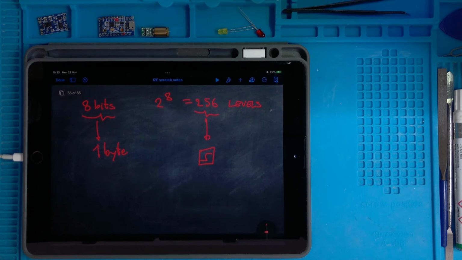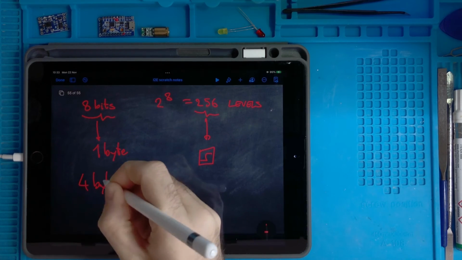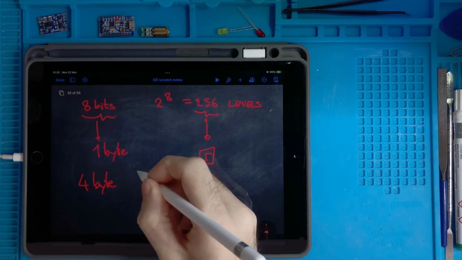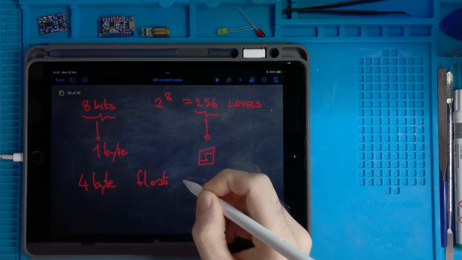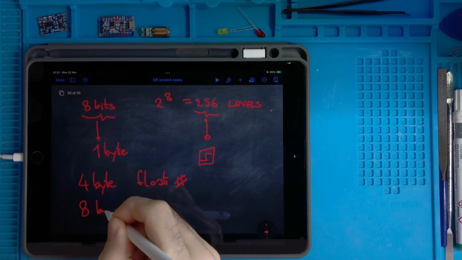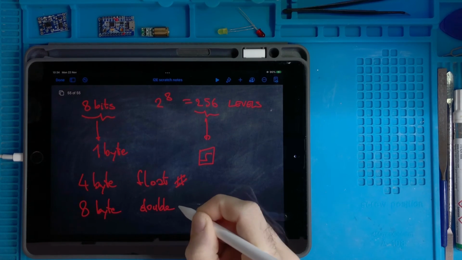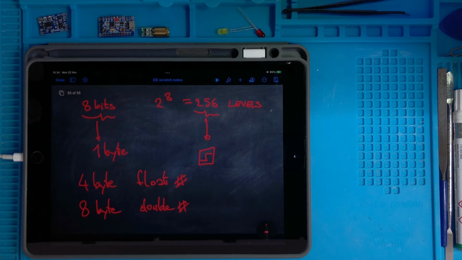It's a lot, but not so much, because nowadays we are used to represent numbers, for instance, as float numbers, which takes into account 4 bytes, or sometimes also 8 bytes, which are called double float numbers.